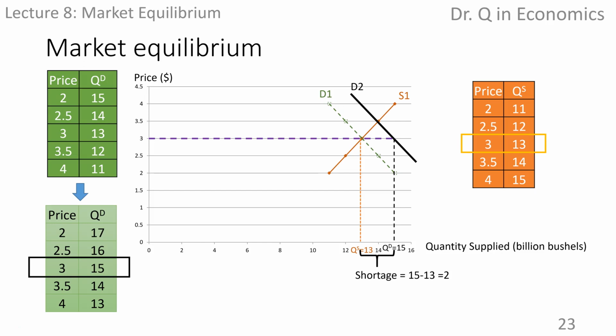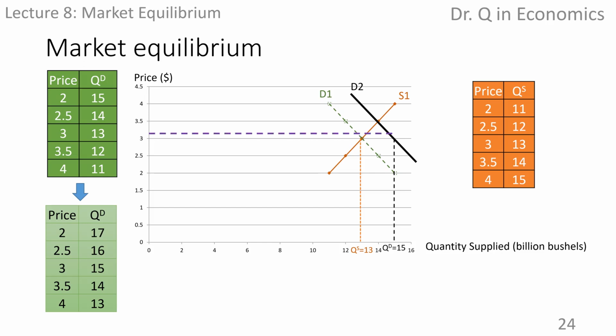The shortage sends sellers signal to increase the price to clear the market, because higher price will discourage some of the consumers from buying and encourage some producers to sell, so that the quantity demanded and the quantity supplied eventually merge. And the price gradually is discovered at new equilibrium level.